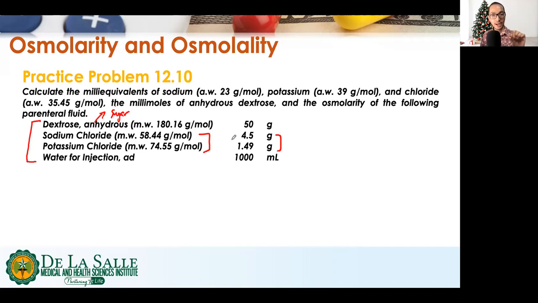Okay? Pag bumagsak yung concentration ng certain electrolytes like potassium, which is a very important electrolyte, pwedeng magkaroon ng problem sa heart. Okay? Yan. So, potassium controls the function of the heart as well, okay? And also calcium, okay? So kapag kunwari binigyan mo yung isang severely dehydrated patient ng water only, okay? Without electrolytes, okay? Pwedeng magkaroon ng cardiac arrest yung patient, okay?